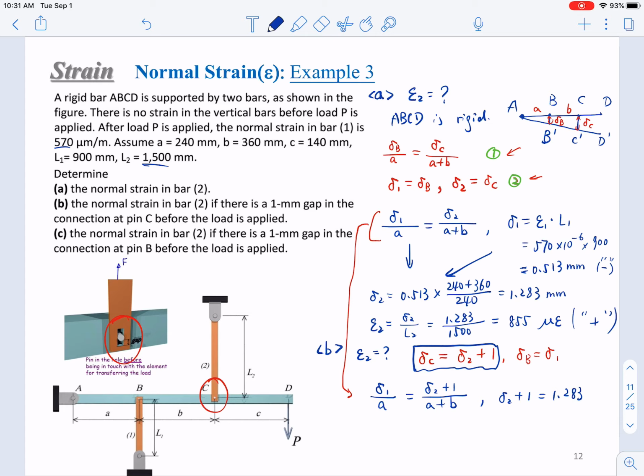From here, we can derive that delta 2 equals 0.283 millimeter. And then how about epsilon 2? That will be 0.283 over 1,500, which will be 188.7 microstrain.